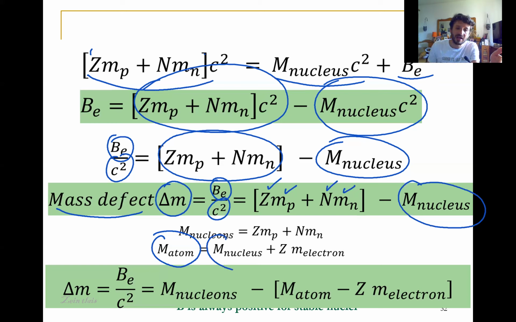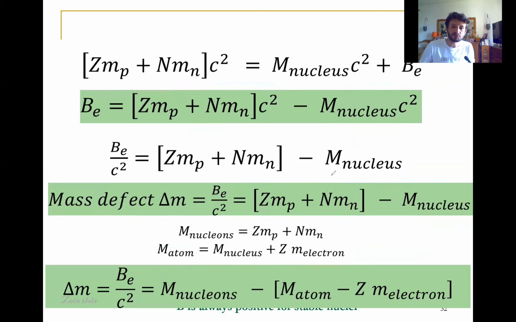Okay, so we have the mass of the nucleus plus Z m electron. You know, in the case of a neutral atom, we have Z number of electrons. The number of negative electrons equals the number of positive charges. Z proton equals Z electron.